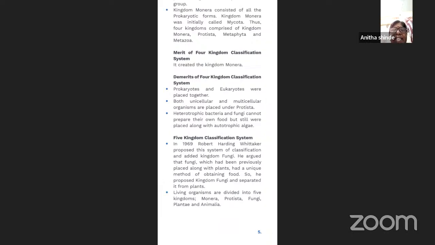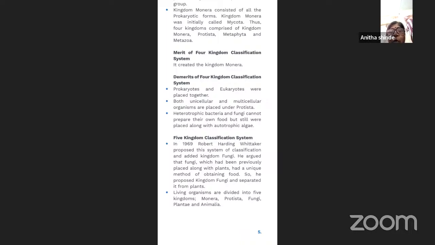In 1969, Robert Harding Whittaker proposed this system of classification, and he added another kingdom called fungi. He argued that fungi, which had previously been placed with plants, have a unique method of obtaining food and unique characteristic features compared to plants, so they cannot be kept along with the plants.